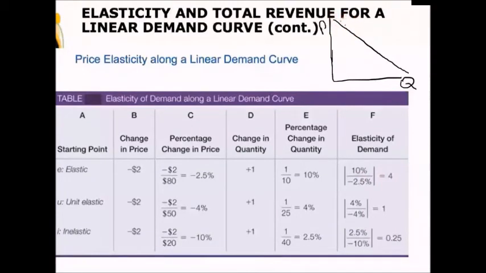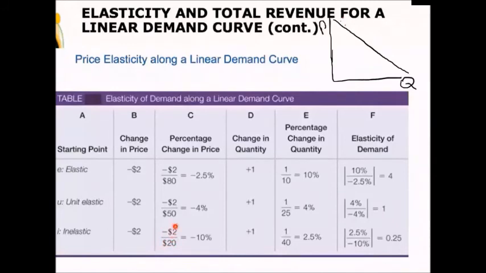Now, if we look at the same quantitative changes in this portion of the demand curve down here, where we've got a $2 reduction from one point to another and a 1 unit increase from one point to another, we can see the percentage changes are very different on this section than they are in this section. That $2 reduction is a decrease in $2 from an initial price which was much lower.